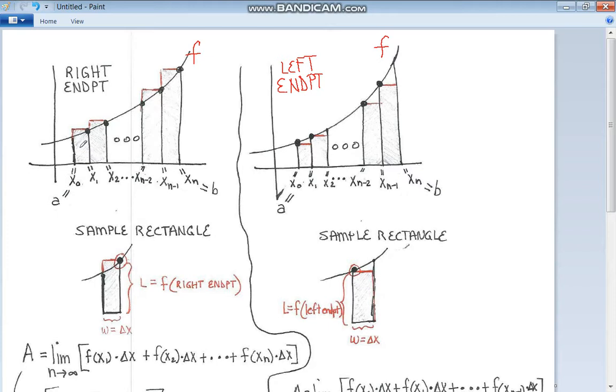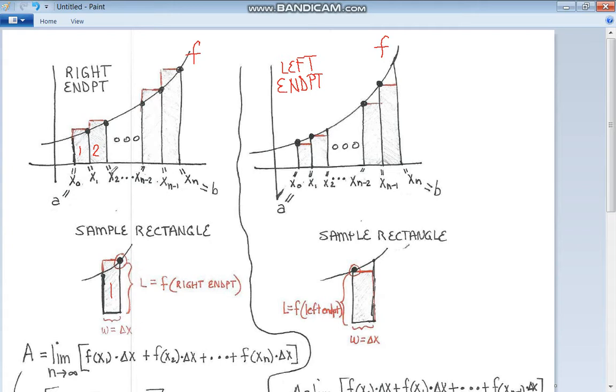So here's the first rectangle. I'll identify it 1, and this is 2, and this one is the x sub n minus 1 rectangle, and then the x sub n rectangle, and there's infinitely many in between. Okay, so what we're going to do here for the first rectangle, I've blown it up here. This is rectangle 1. And you'll see the width of all of these rectangles on the bottom is delta x.